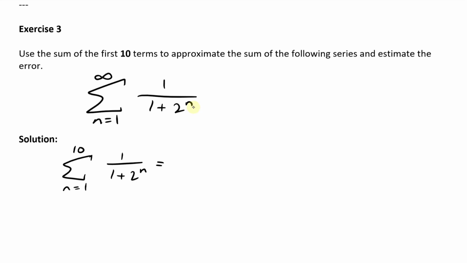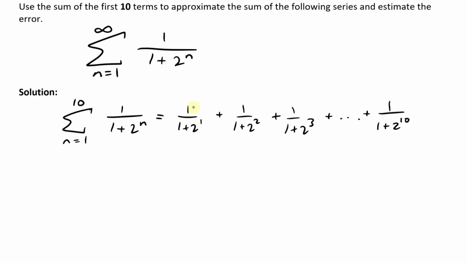This is going to equal, when n is equal to 1, 1 over 1 plus 2 to the power of 1, plus 1 over 1 plus 2 to the power of 2, plus 1 over 1 plus 2 to the 3, plus dot dot dot, all the way up to 1 over 1 plus 2 to the 10. And now this equals, well, 1 over 1 plus 2 is 3, so 1 over 3.